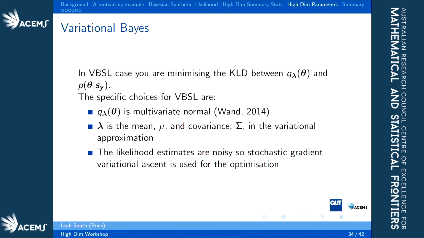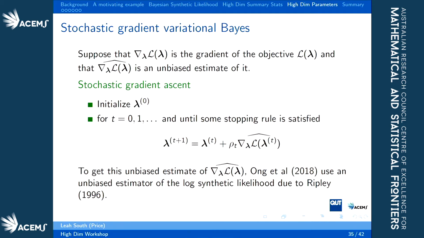The way to do that is to use stochastic gradient variational descent for the optimization. I'm not going to go into too much detail about this, but basically you want the derivative of the L term. The idea for stochastic gradient descent is to start at an initial value for the mean and covariance, and then to use this rule iteratively until you get convergence.